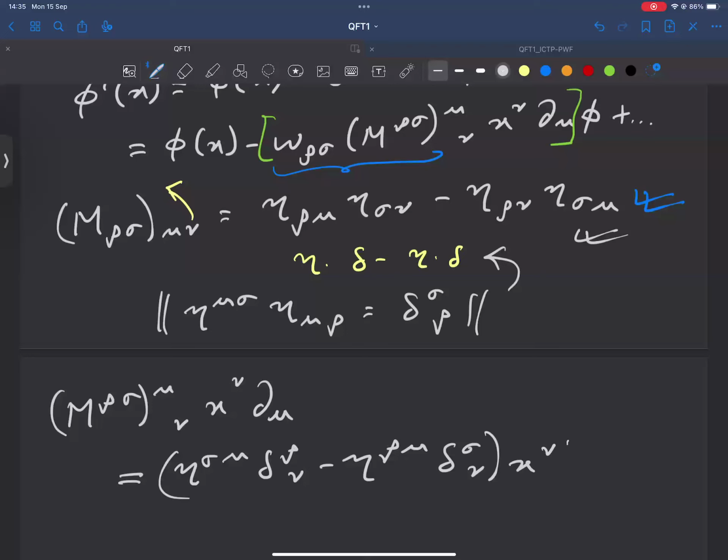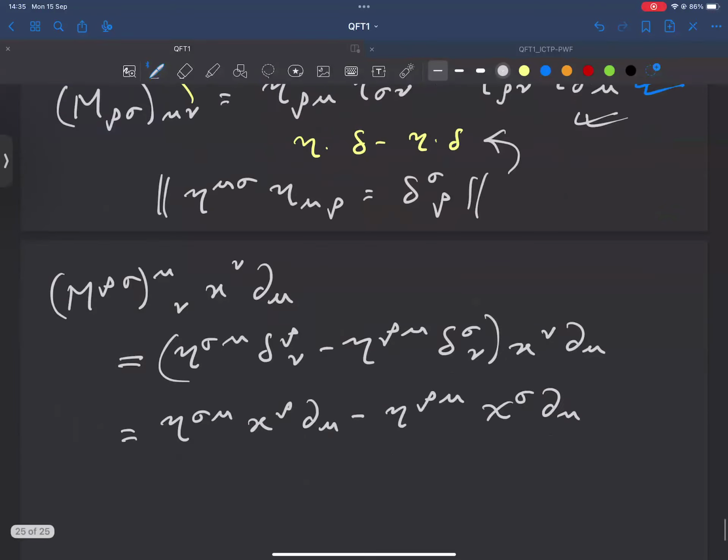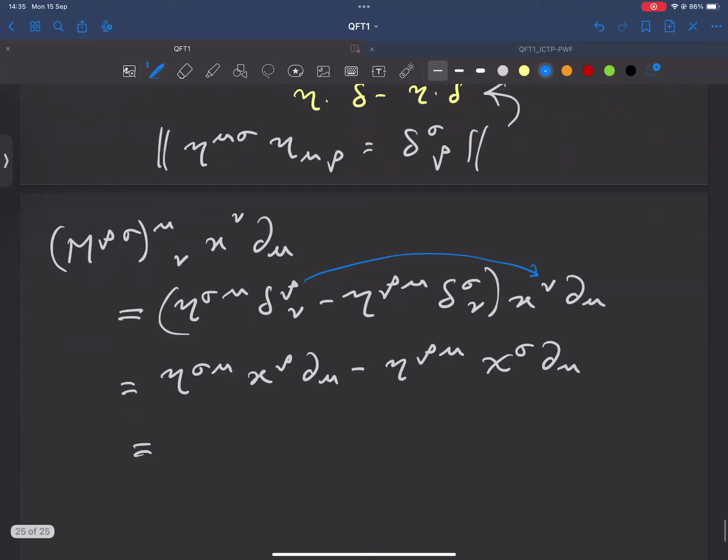x nu del mu. So if we do that, we get sigma mu x rho del mu, rho mu x sigma del mu. Okay. So it's just this Kronecker hits this nu, and then you change the indices from nu to rho, like here.